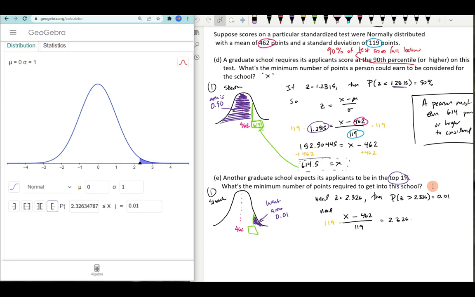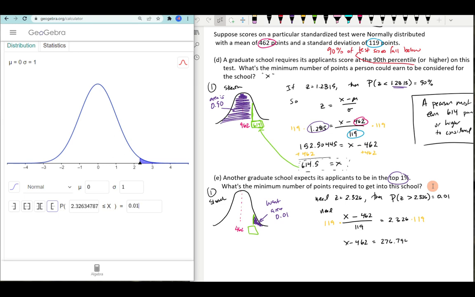So I'm going to start by multiplying both sides by 119. This is going to give me x minus 462 on one side, and on the other side, 2.326 times 119 turns out to be 276.794.